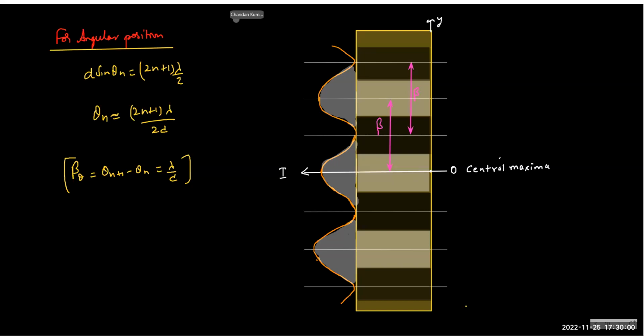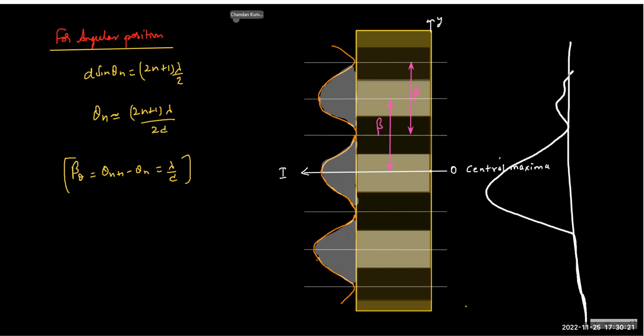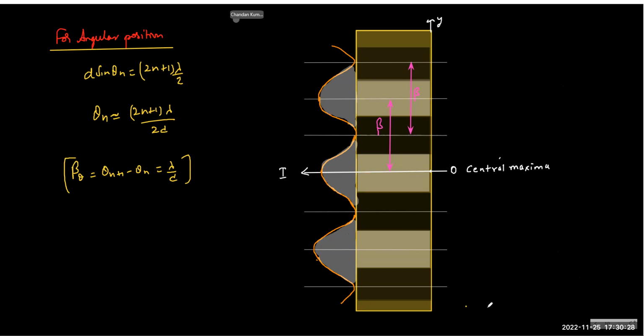So it will fall and fall and fall. So in diffraction, the graph will vary differently. You will learn later on that the graph will be something like this. I'll just show you roughly, like we keep on diminishing it on both sides. So that's the diffraction. In interference, the variation is continuous.